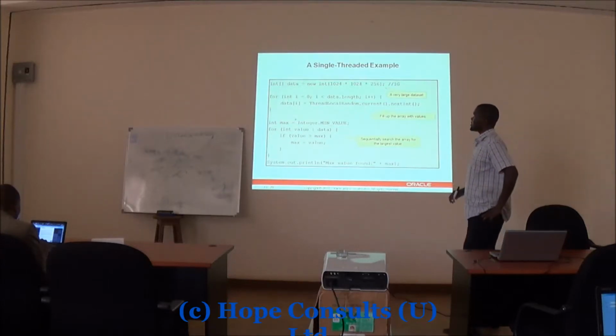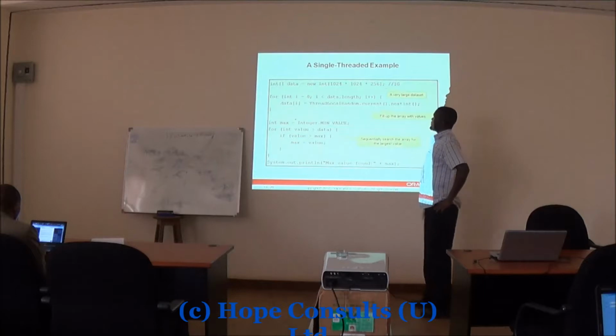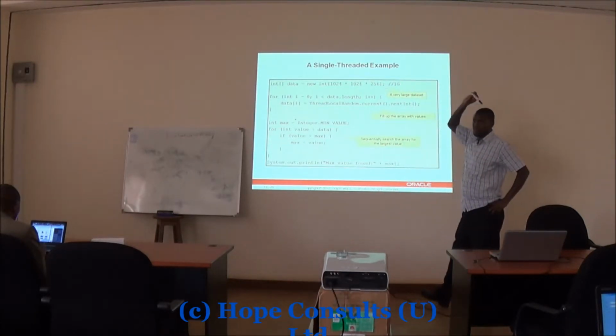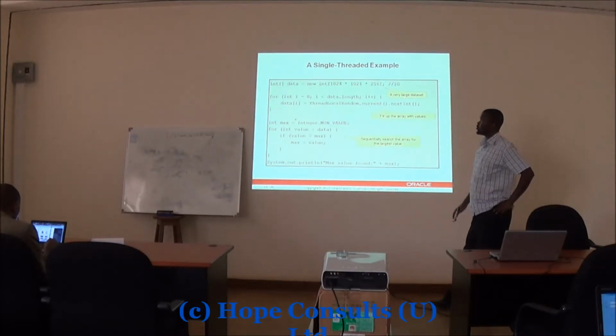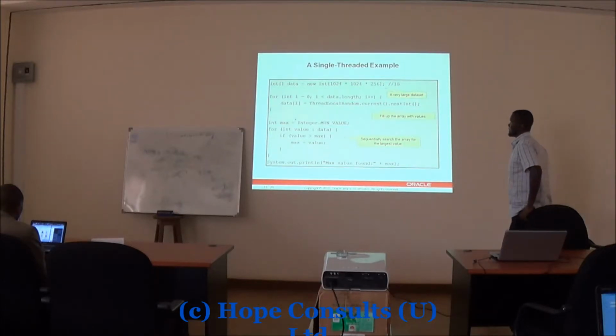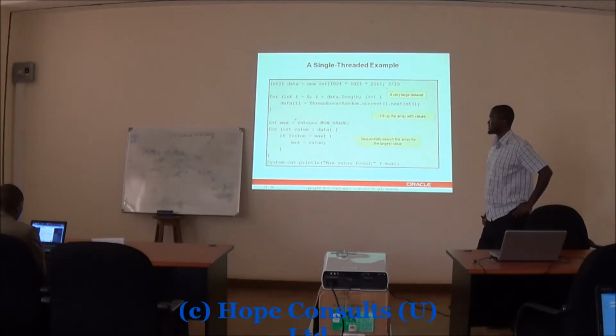So for example, in this case, this is a single threaded application, and we have an array of about 1 G. It will be huge. Although it's an array of integers, it's pretty huge, and we want to process that.